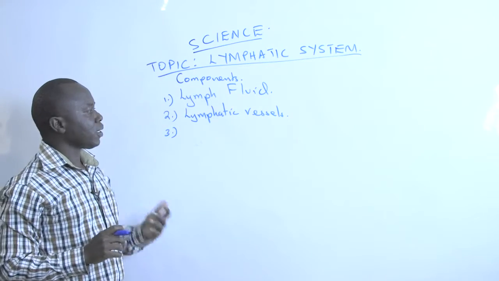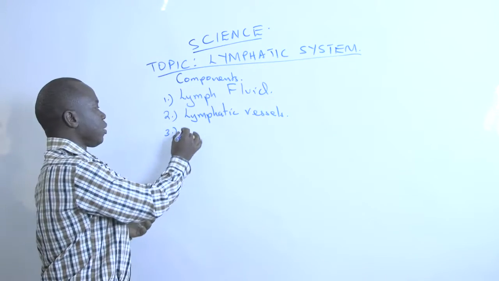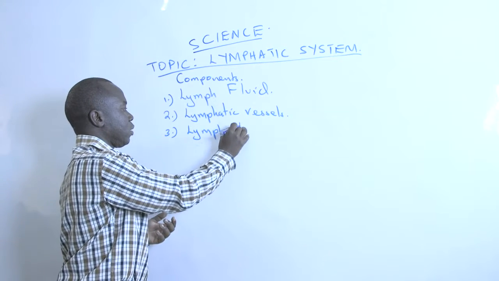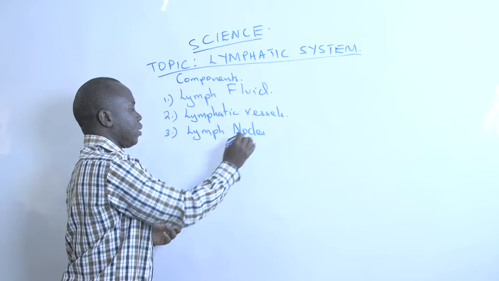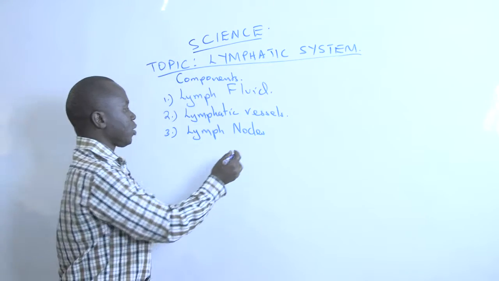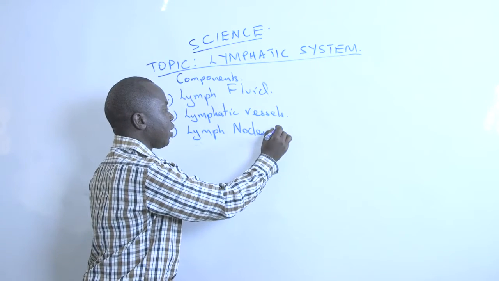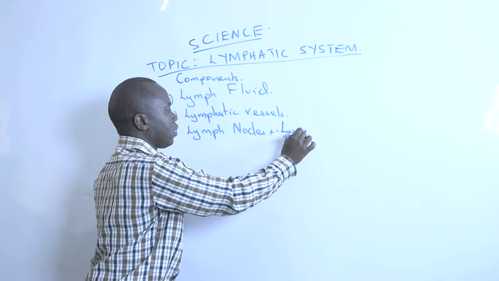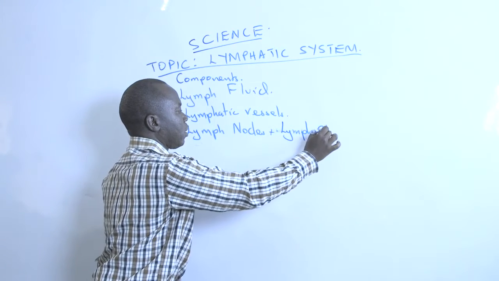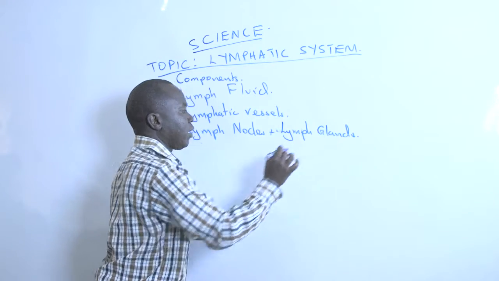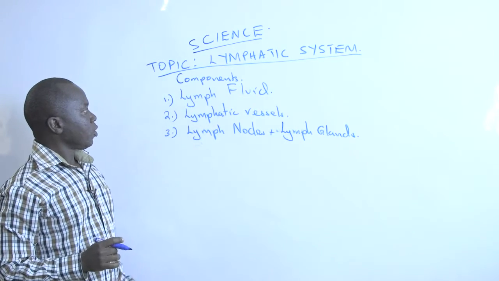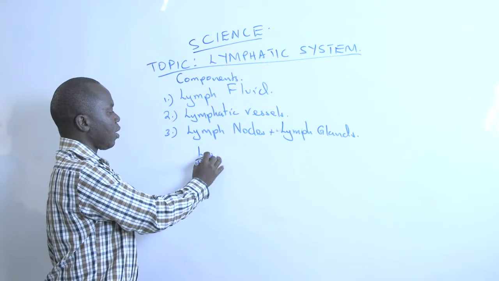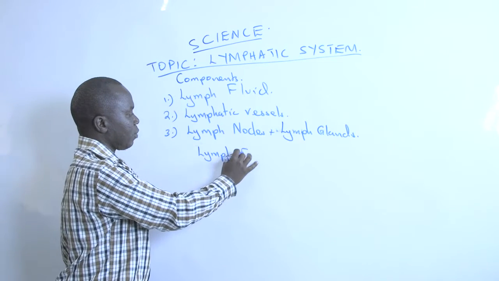It also has accessory parts like lymph nodes, together with lymph glands. So I want to look at each one of them and find out their roles and the structure of the same.